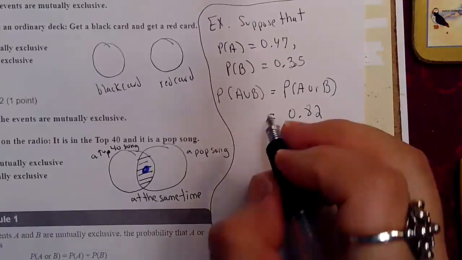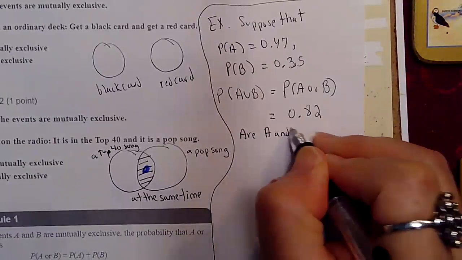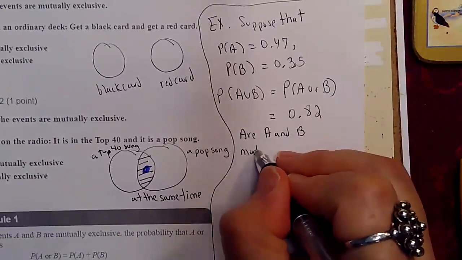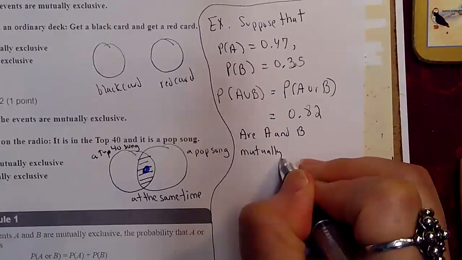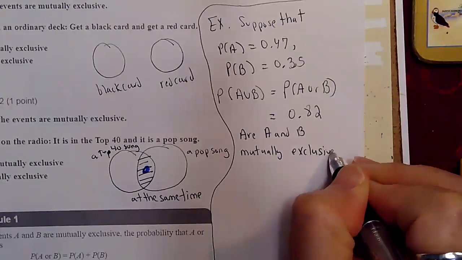And the question they're asking is, are A and B going to be mutually exclusive?